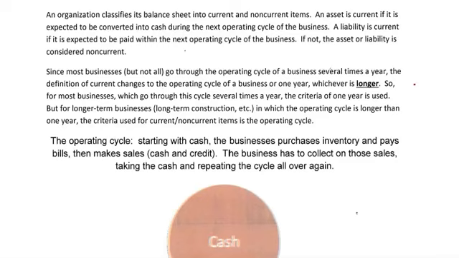If you're that construction company and your operating cycle is 3 years, your line of demarcation between current and non-current is 3 years. So if you've got a note payable due in 2 years, it's going to be a current liability on your balance sheet, because it falls within that period of the operating cycle or 1 year, whichever is longer.